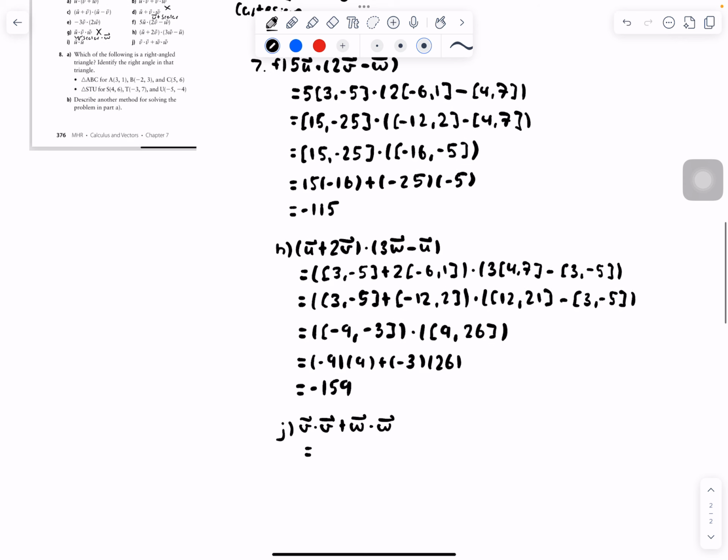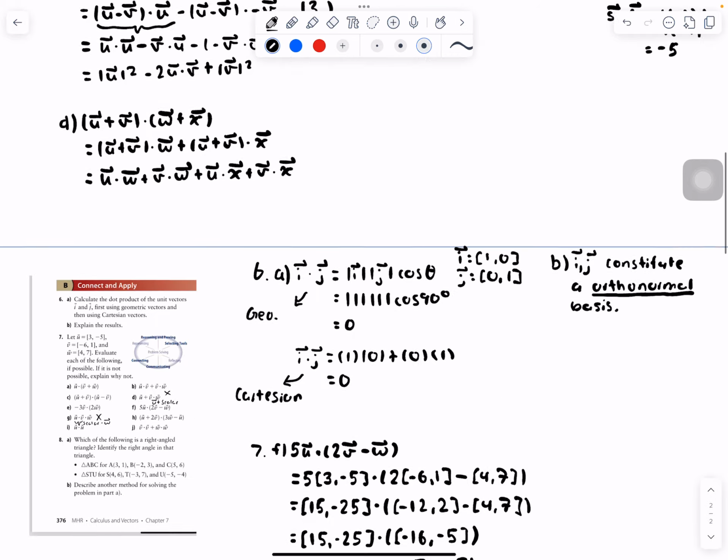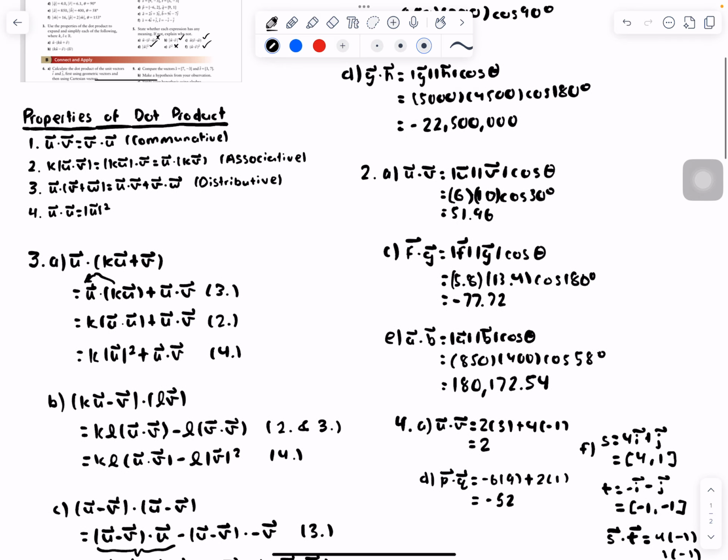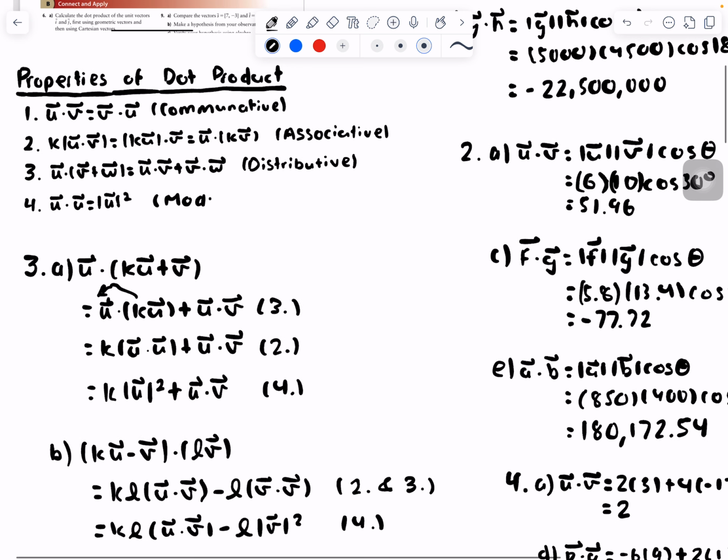V dot V is just V squared, and this is plus W squared, right? You can call this the modulus property if you want a name for it.